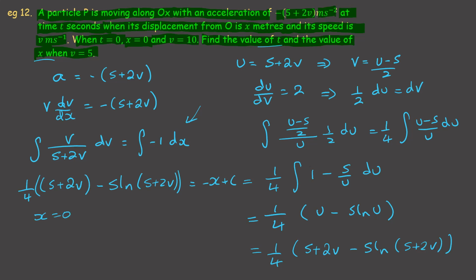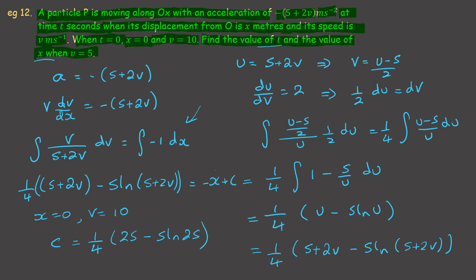X equals 0 when v equals 10 gives us that the constant would be 1/4 of 25 take away 5 ln 25.